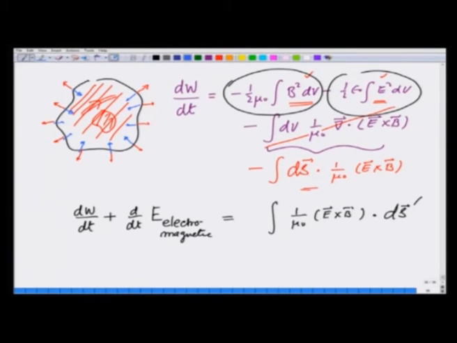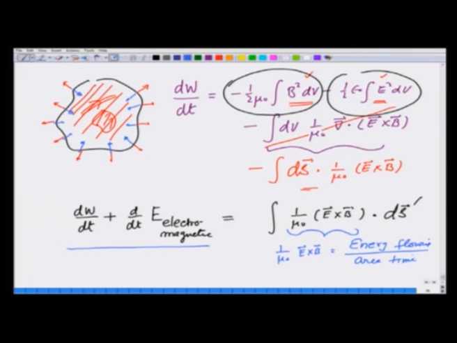What does this mean? This means that the change of the energy inside this volume, which is equal to the change in the mechanical energy plus the electromagnetic energy, is equal to something going into the volume, and therefore, I will call this 1 over mu 0 E cross B the energy flowing per unit area per unit time.